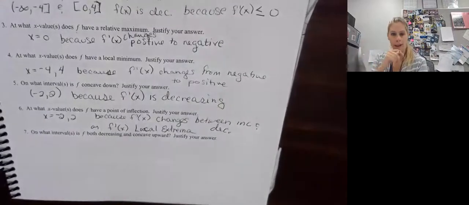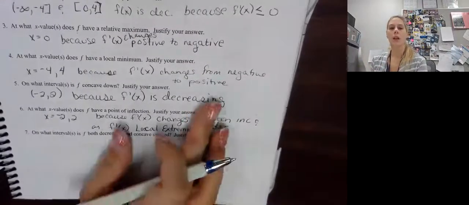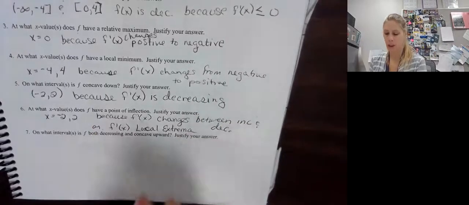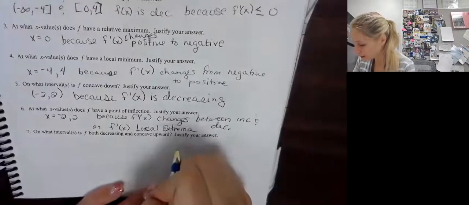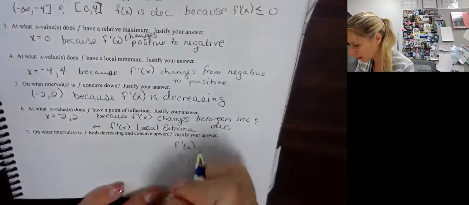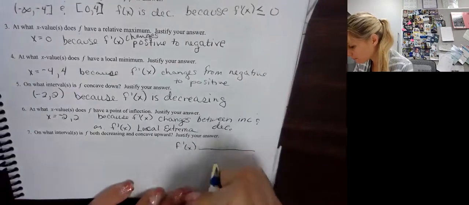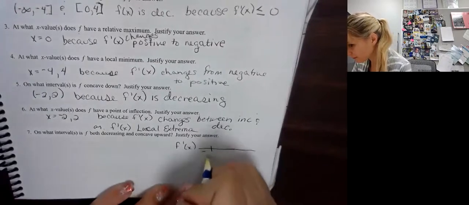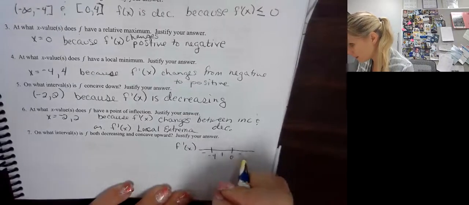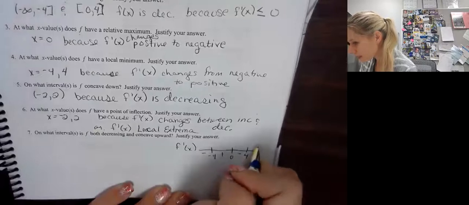All right, last question, guys. On what intervals is f both decreasing and concave up? Justify your answer. I'm going to bring these 2 sine waves down so we can actually look at what's going on here and we can evaluate them. Negative, -4, plus 0, -4, positive.